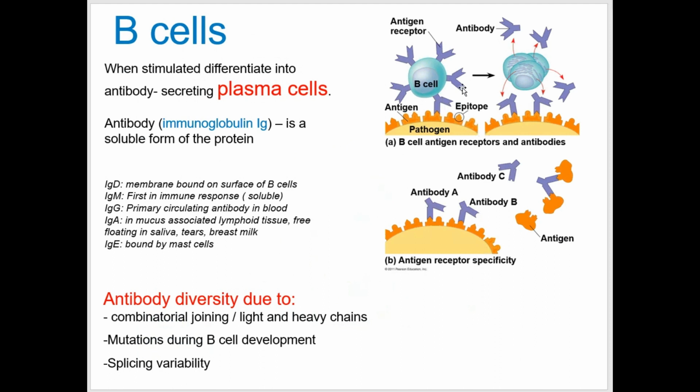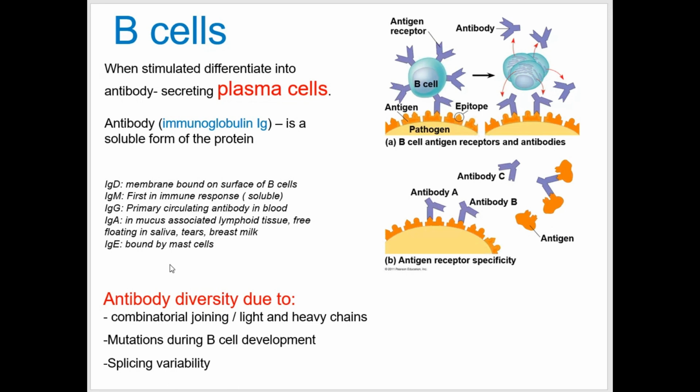You can see how there's proliferation happening, and now you've got antibodies being secreted, and those antibodies are soluble, meaning they can travel freely in the blood, looking for those particles or specific antigens to bind to and localize them. We have different types of antibodies, and we abbreviate them as Ig, immunoglobulin.